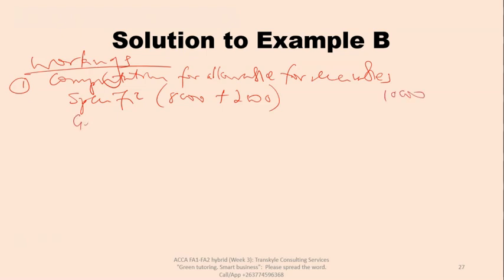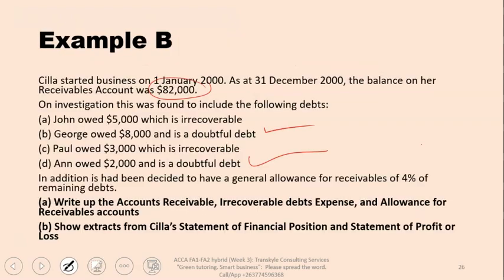We have got the general one, and what is the percentage? The percentage is 4%, multiplied by the figure we were given there. We are told that there is 82,000 receivables in total, but are we going to use the 82,000?